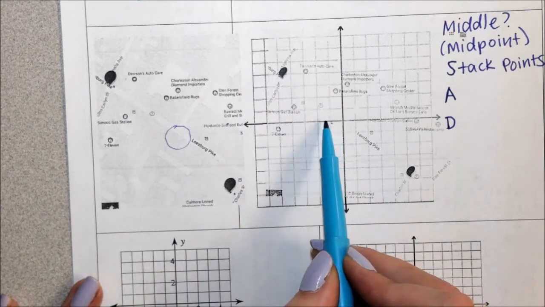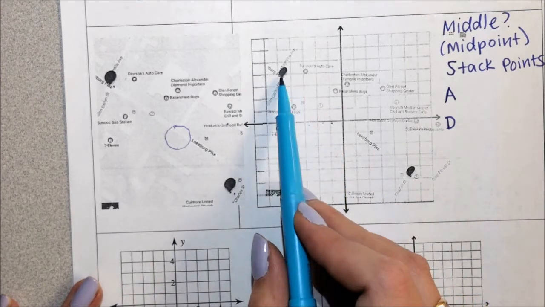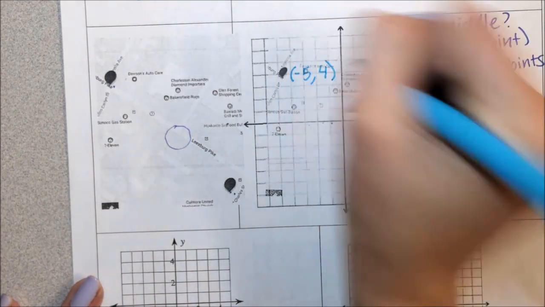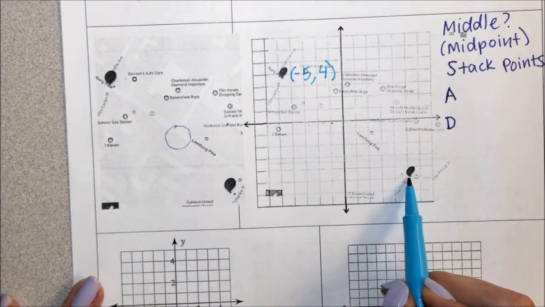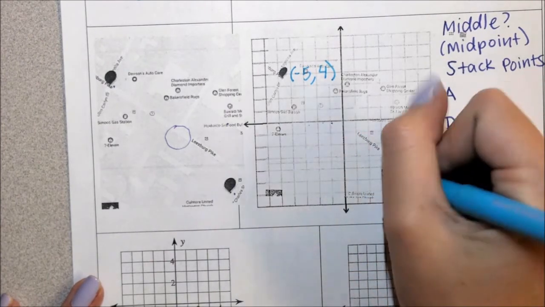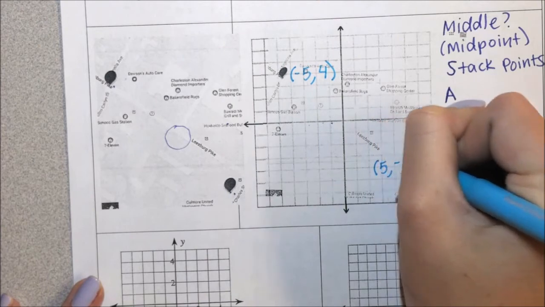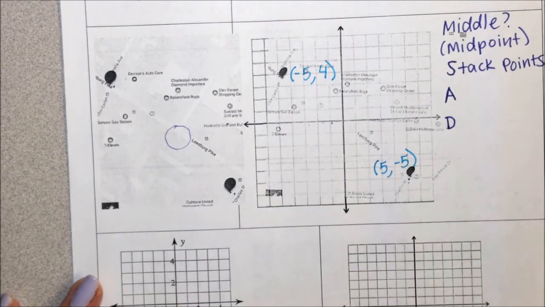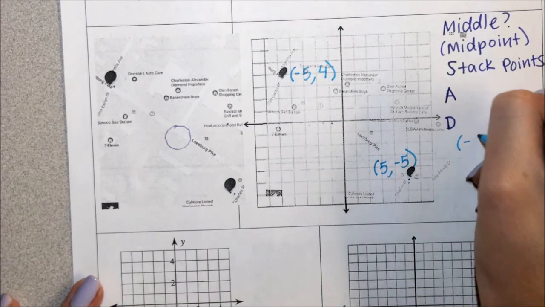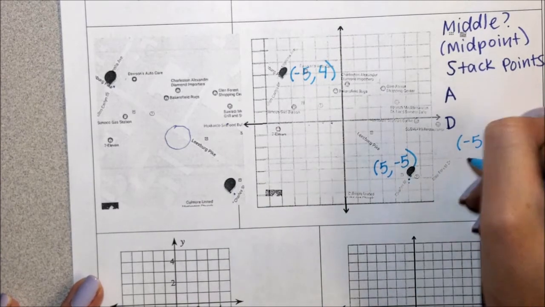I count over -5, 4, so this point is -5, 4. And this point is over 5, down -5. So I'm going to stack these points. So I just write the first one, then I write the second one.